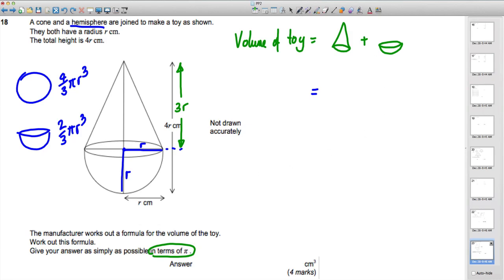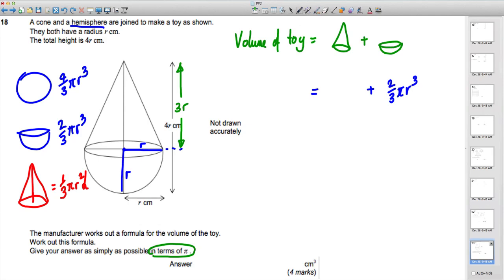So therefore, subbing this in, it must be 2/3 pi r cubed, right? Now, what about the volume of a cone? You are given in your formula booklet that the volume of a cone is 1/3 pi r squared times h, where h is the height of the cone. Now, in this case, we have a cone radius r, but we've got a height of 3r.